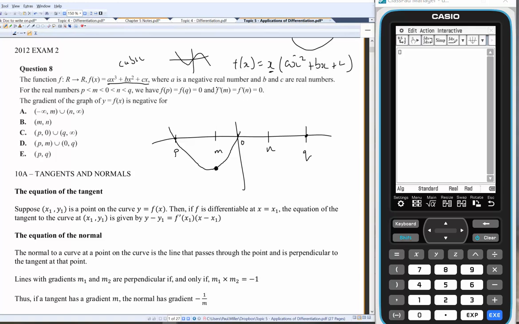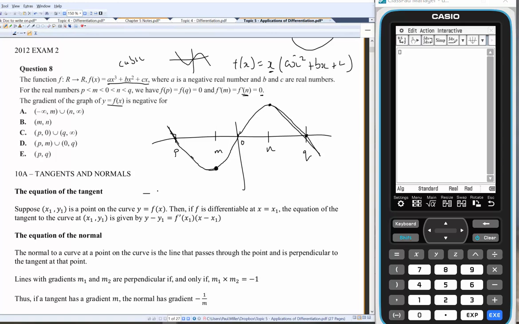Then it's going to have another stationary point at n. So it's got to come up like this and turn somewhere up there. That's the turning point, and then come back down through the other x-intercept, which is q. And so what we need to know is, when is the gradient of the graph of f of x negative? We get a negative gradient from here to here, and from here to here.